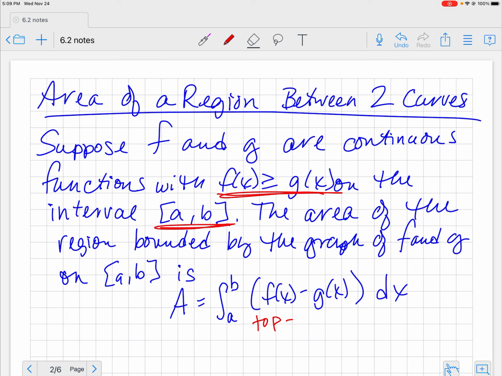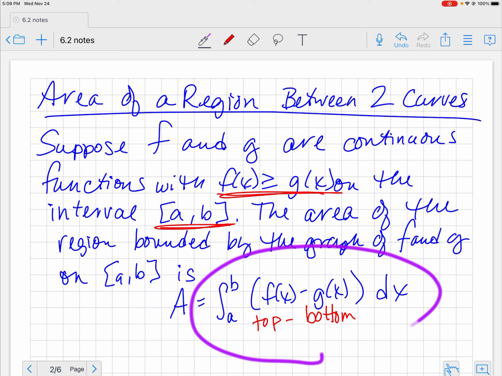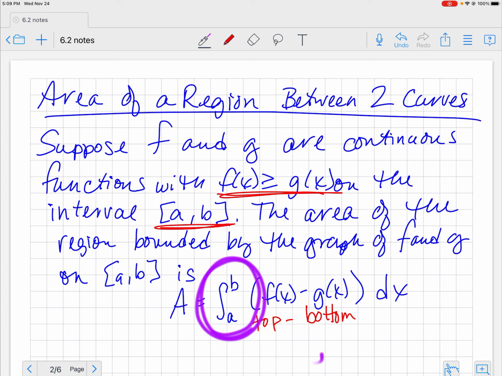Remember what we talked about back at the beginning of when we started talking about integration. Your top function is going to be minus the bottom because I have two separate functions, but anything with an integral is the area under the curve, right? That's what we talked about from the very beginning.